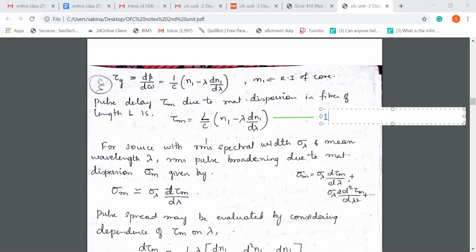You need to do d tau m divided by d lambda, differentiating equation number 1, and substitute at this point, and finally we'll have some kind of result.